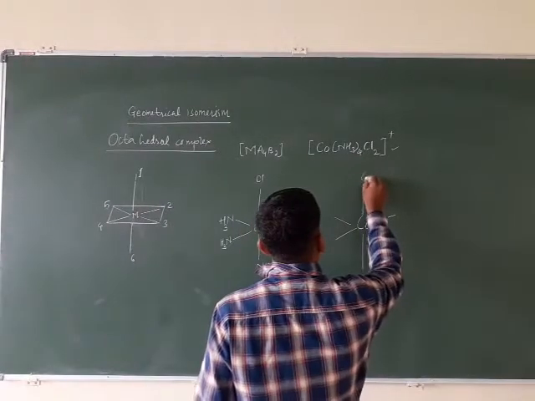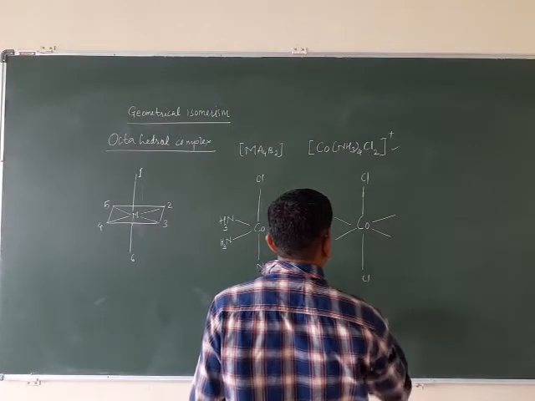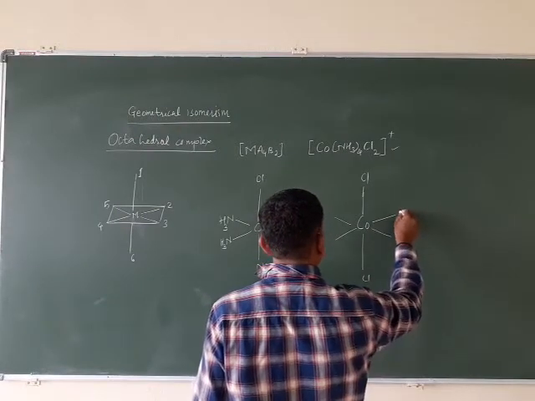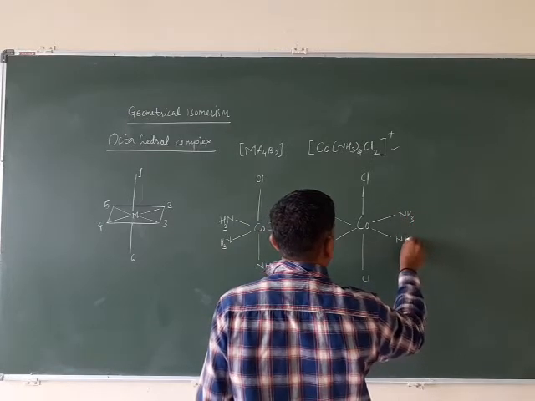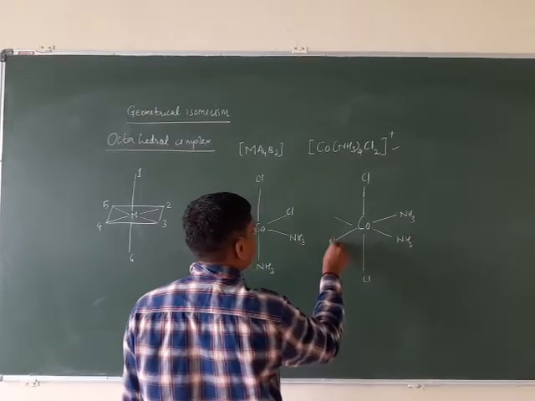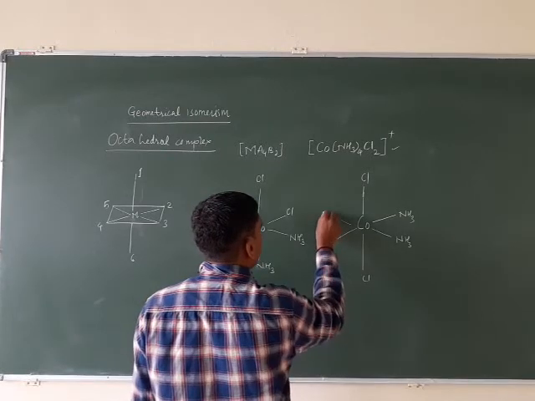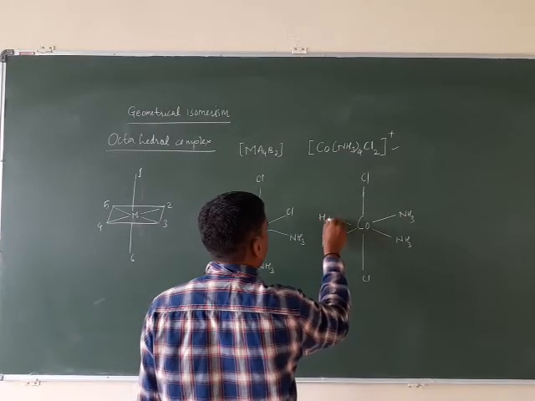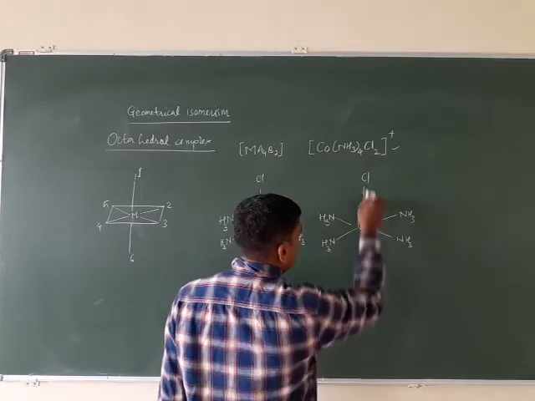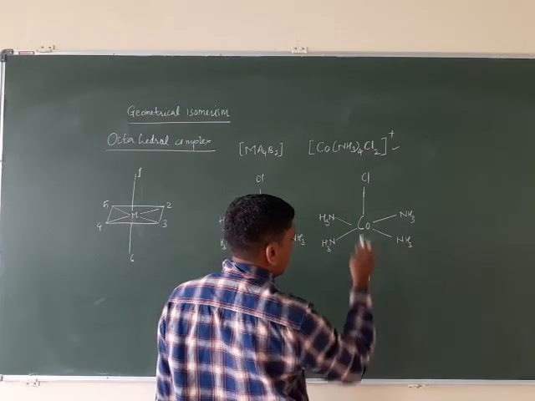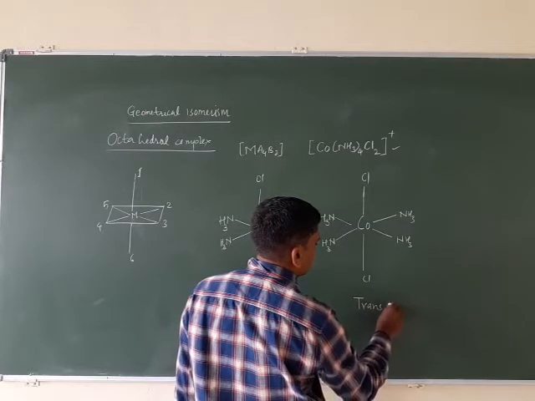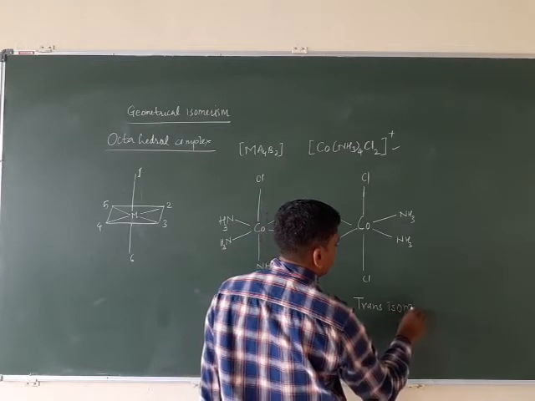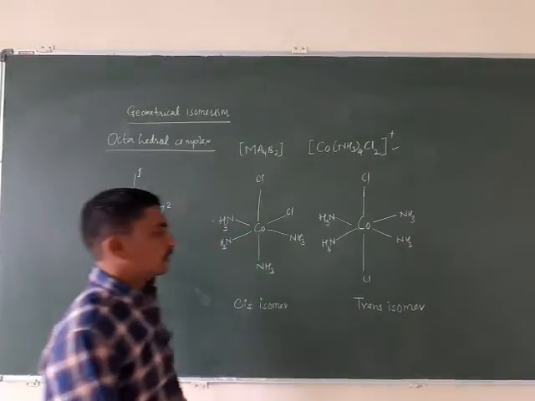So we will write Cl over the 1 6 position, and the remaining positions are taken by our NH3 groups. So here Cl is exactly opposite, and that's why this one is the trans isomer.